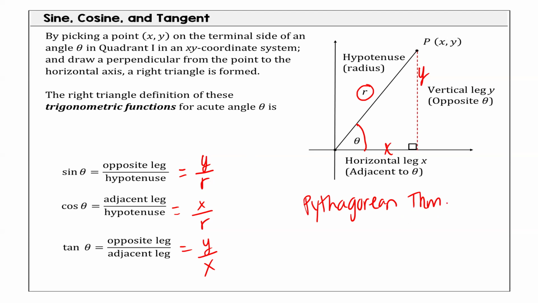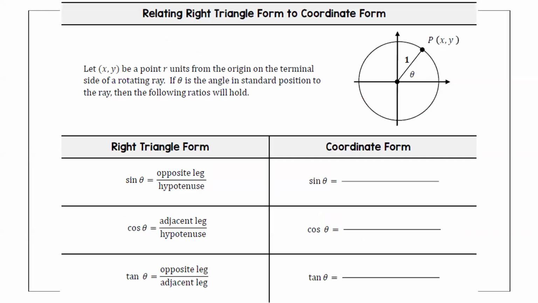But in terms of this, it is x squared plus y squared equals r squared, because our legs are x and y, and our hypotenuse is r. So do you see how your prior knowledge is being transitioned just a little bit? Still with me? All right, let's keep going.